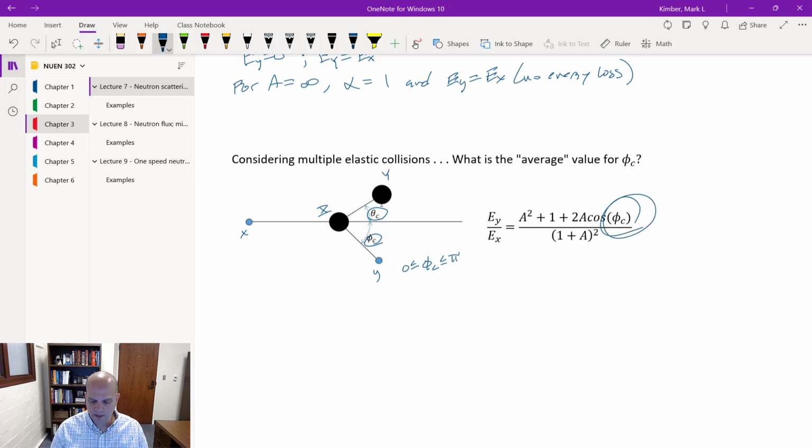But we've got this phi sub c here, and again, that's going to affect how much energy decrease I have each collision event. But it's important to recognize just what's on the paper here is just a two-dimensional depiction of that. But I could be out of plane in some direction as well. And that out of plane one can go all the way around. It can go 360 degrees.